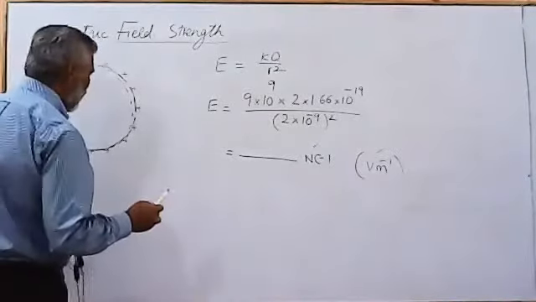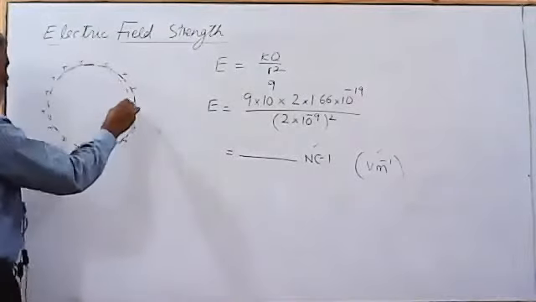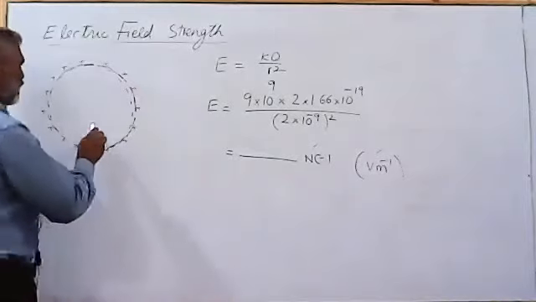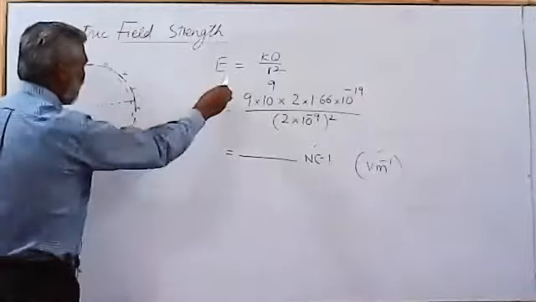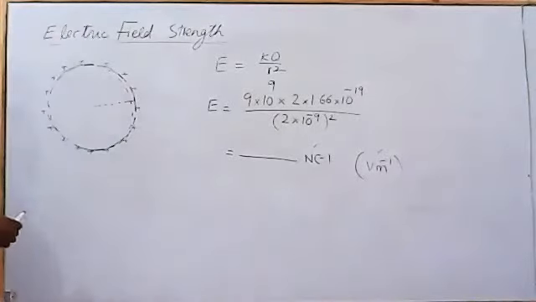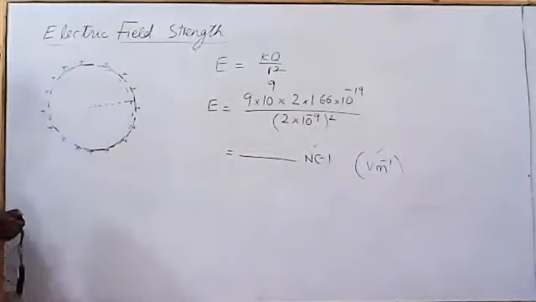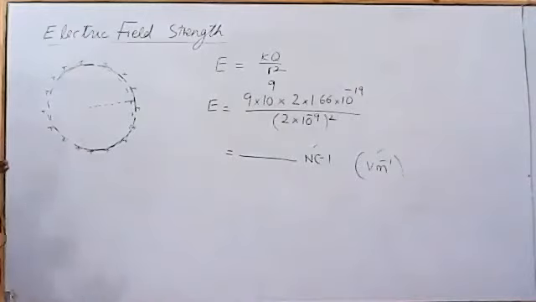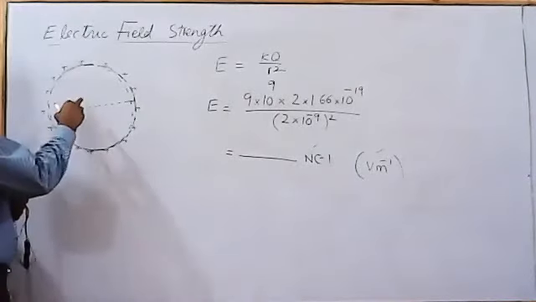Let's say this charge is not known, but due to the presence of this charge, we have an electric field strength on the surface of it. And interestingly, this electric field strength is given by the same formula, because the charge that we spread on the surface of a conducting sphere behaves as if all this charge is concentrated at the center.